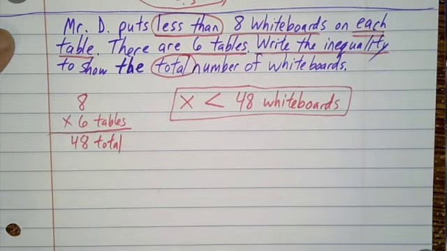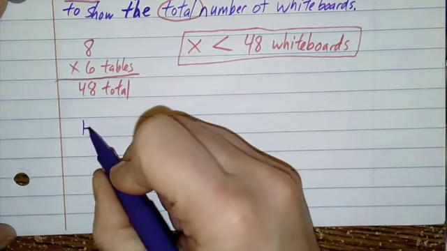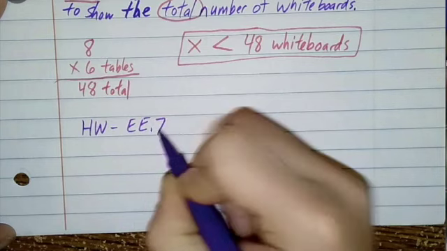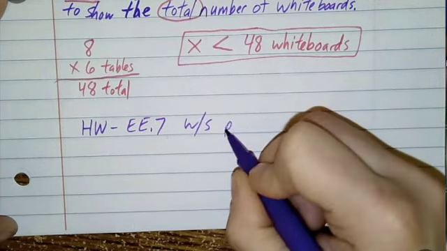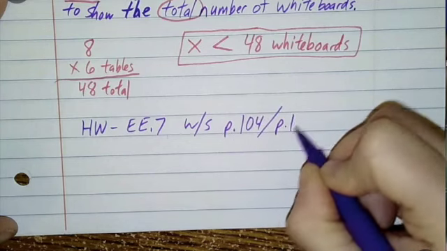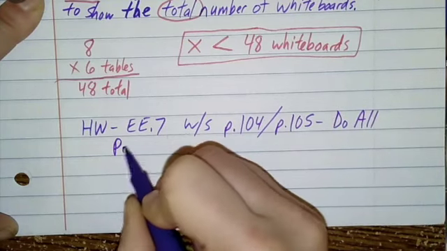So the homework that you're doing on this particular paper works on EE7. It is a worksheet. It is the front that's page 104 and a back that is page 105. You will do all problems.